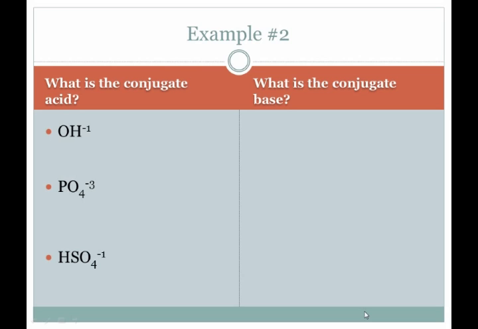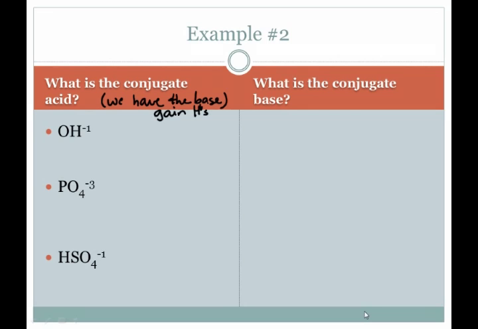So when we're looking at this question of what is the conjugate acid, that's implying that what we're working with is the base. So we have the base, and we have to produce the conjugate acid. Bases, we know, gain H+. So we simply need to add an H+ to each of these.